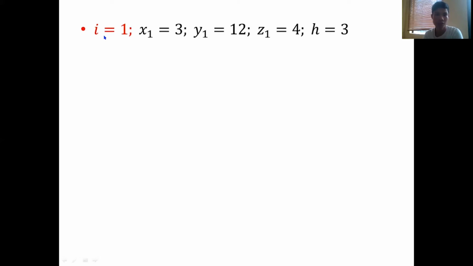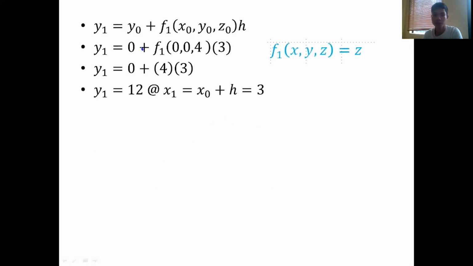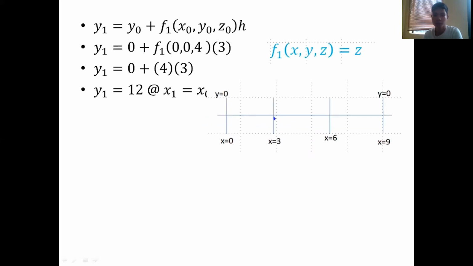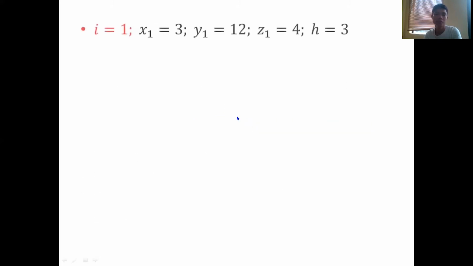So next is i equals 1. After we solve for x equals 3, we are now solving for y at x equals 6. What we are going to use here are the initial values that we obtained at the previous point: x1 equals 3, y1 equals 12, z1 equals 4, h equals 3.